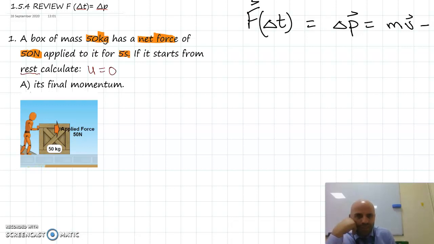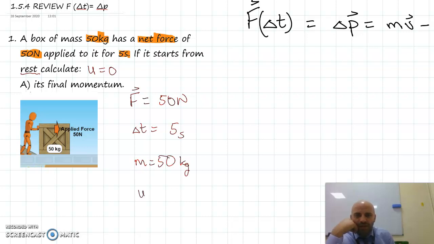But we'll formalize this properly. We'll do it right and we'll make a list. Okay? So I know that my force applied is going to be 50 newtons. I know that the change in time through which that force is going to be applied is going to be 5 seconds. And we know that the mass of the box is 50 kgs.